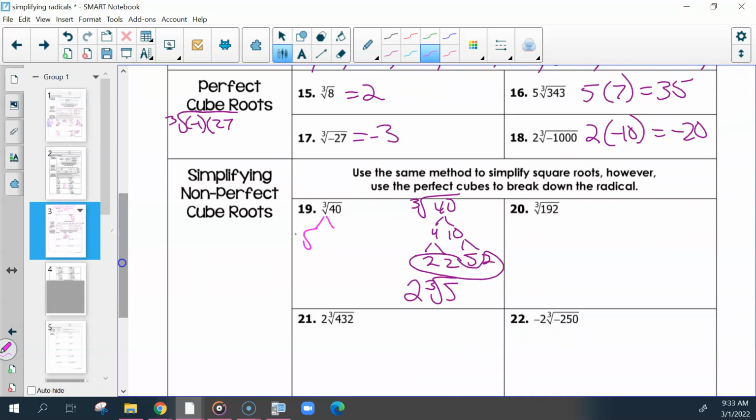So we have the cube root of 8 times the cube root of 5. The cube root of 8 is what? 2. We cannot simplify this anymore, so this would just be 2 times the cube root of 5.